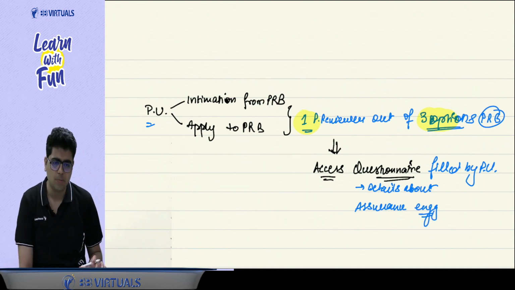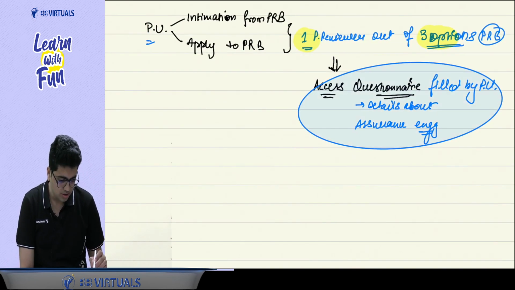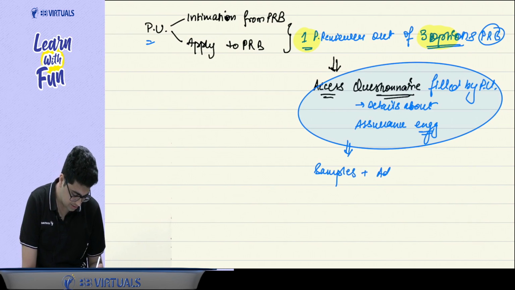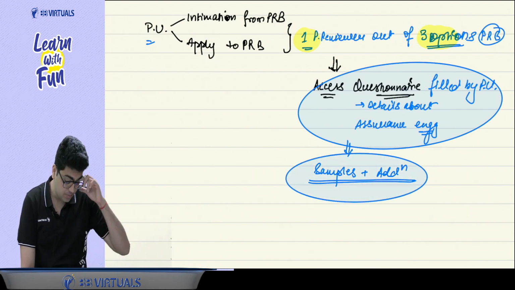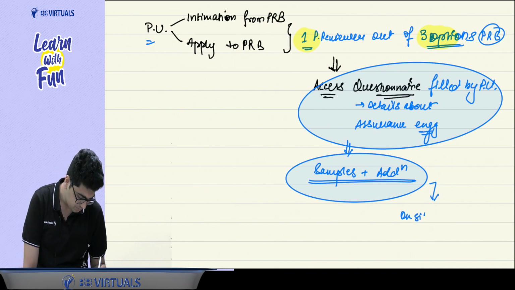All the details will be provided to the peer reviewer. Once the peer reviewer gets the access to the questionnaire, out of all these engagements, he will select some samples plus any additional information he wants to ask from the practicing unit. Once the samples are selected and additional information is determined, he will go for an on-site review.